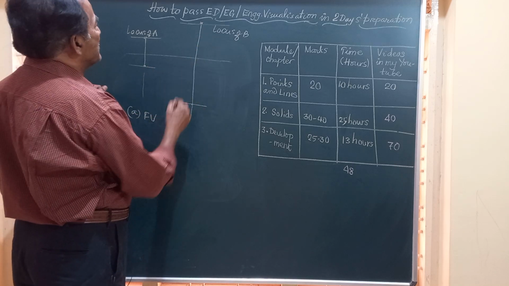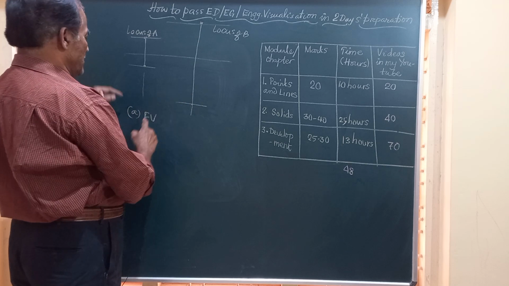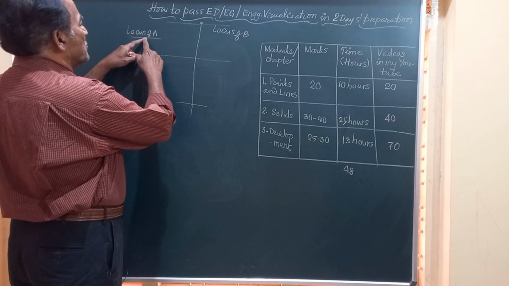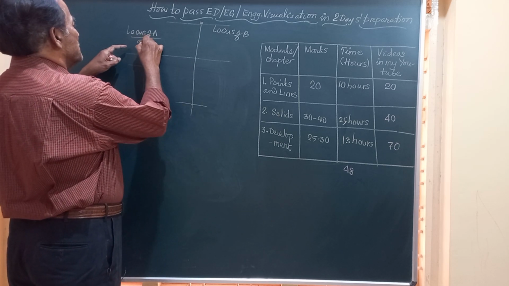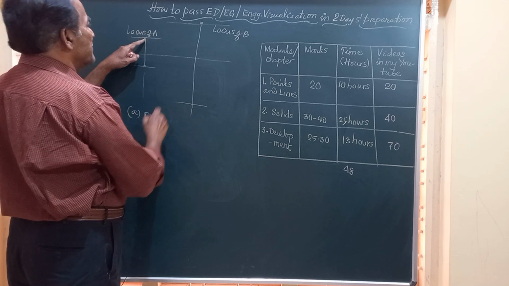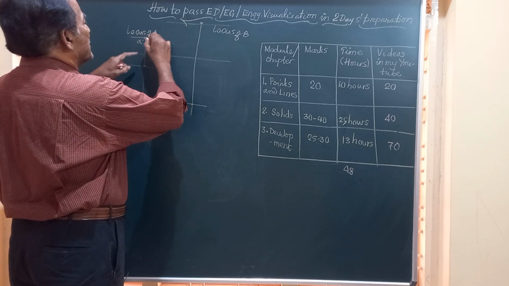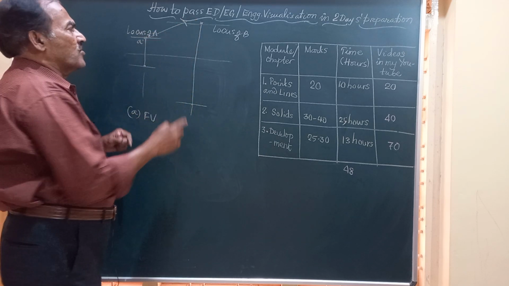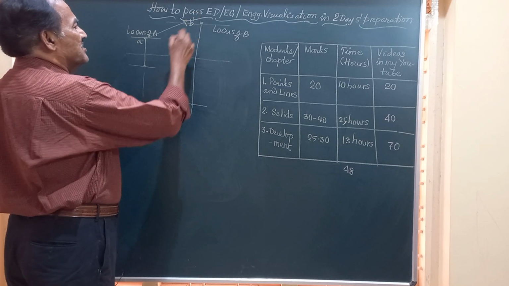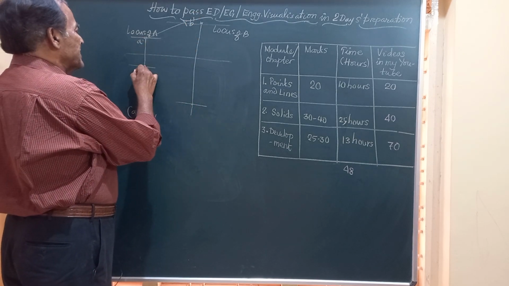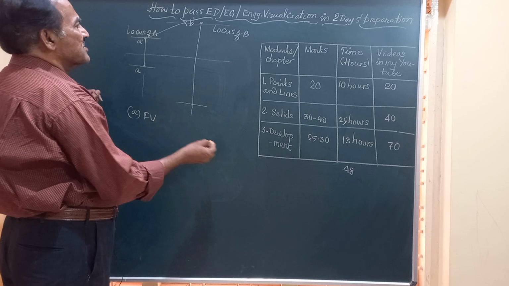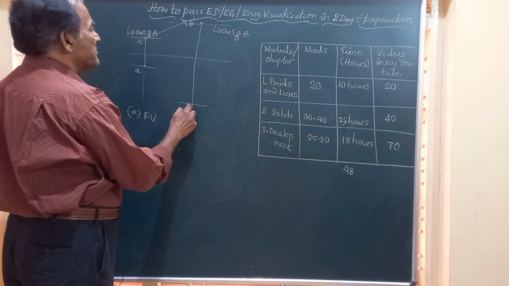Friends, if you know the front view, that is A dash B dash, you know this A dash, and taking that front view as the radius, we can draw an arc and obtain the point B dash. You know A dash and A lie on a vertical line. On the same line, this B dash and B should lie.